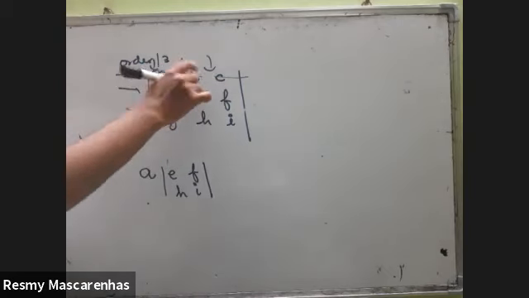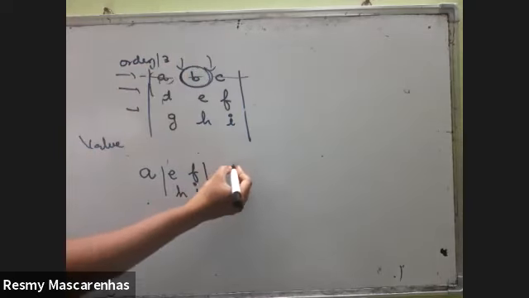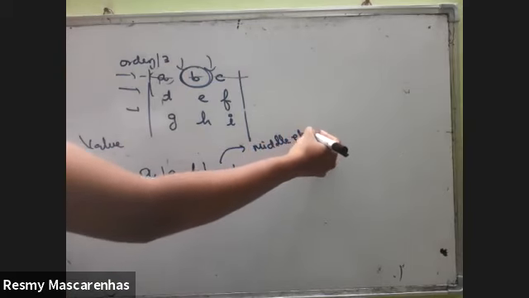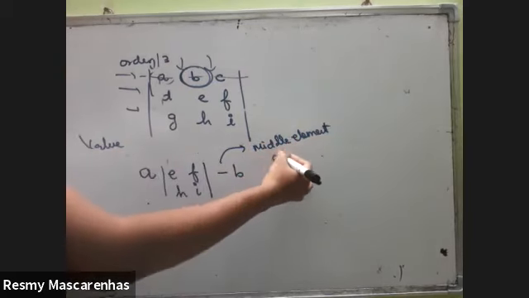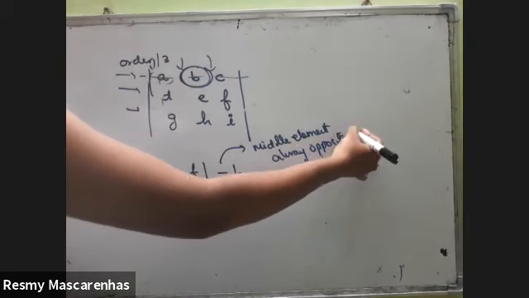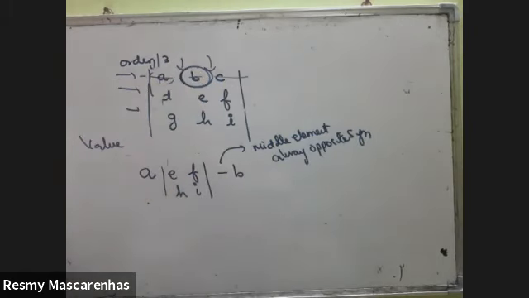Now you move on to the middle, second element. Remember, for the middle element, always write the opposite sign. Means here if it was plus b, here I have to take minus b.